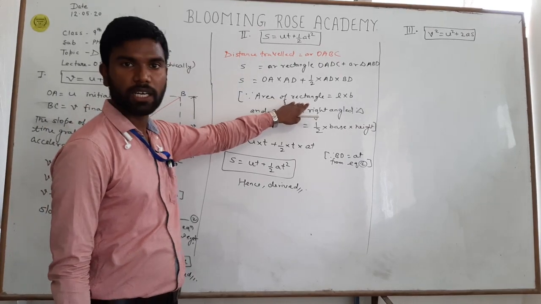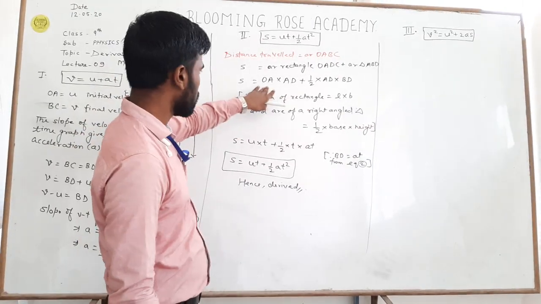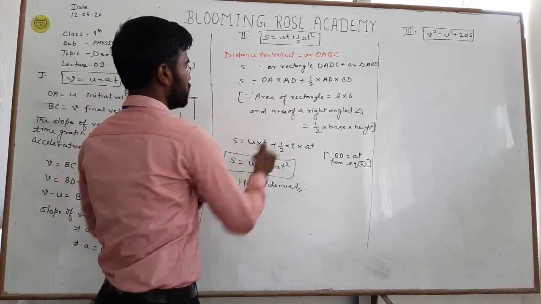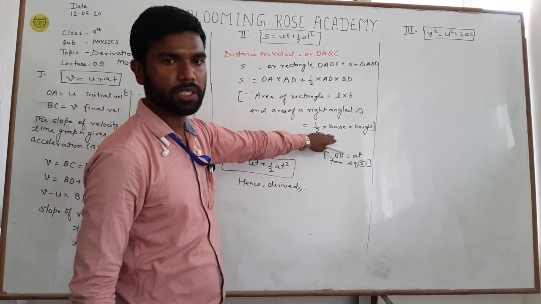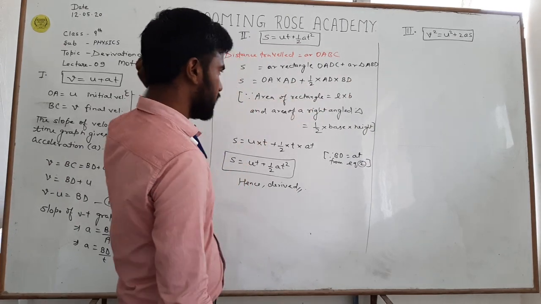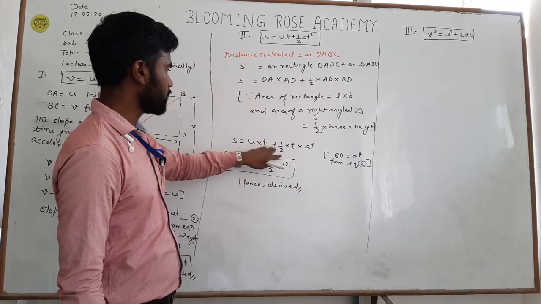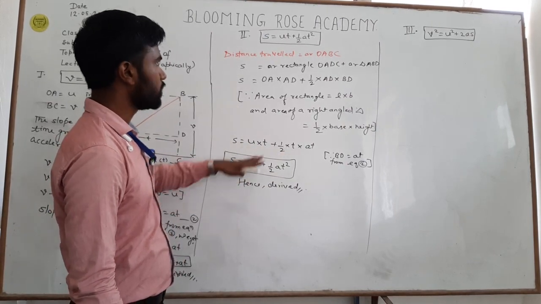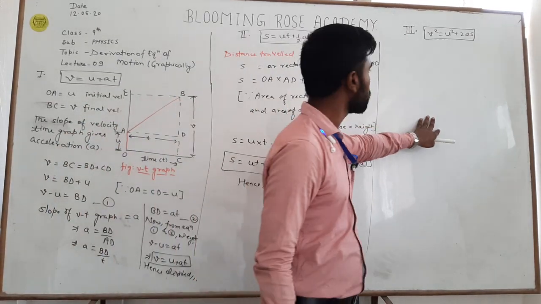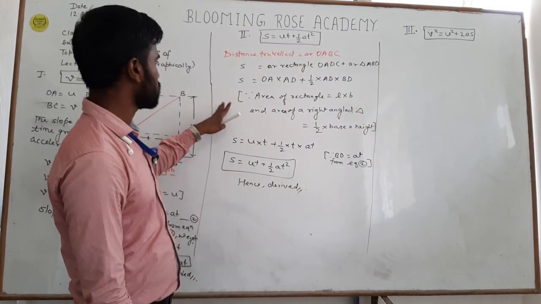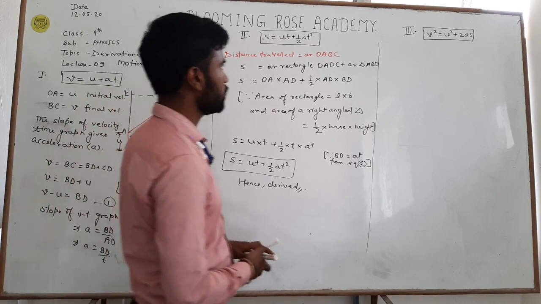The area of the rectangle is length into breadth, OA into AD, and the area of a right angle triangle is half base into height, here half AD into BD. Now S is equal to ut plus half at square, which we have derived. Now we have the third equation of motion, which is v square equals u square plus 2as.